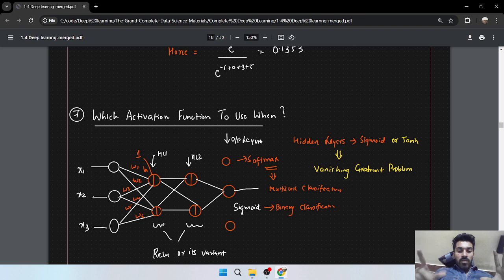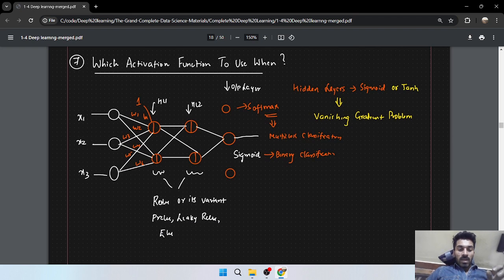If you have an output of two classes, then apply binary classification, or the sigmoid activation function, in the output layer, and the ReLU activation function in between. We can use ReLU or its variants like PReLU, leaky ReLU, or ELU, but I say directly use ReLU because it takes less time complexity and it also overcomes the vanishing gradient problem.